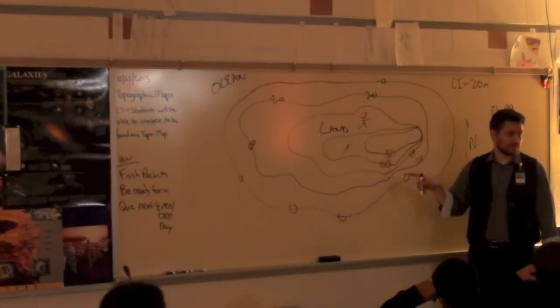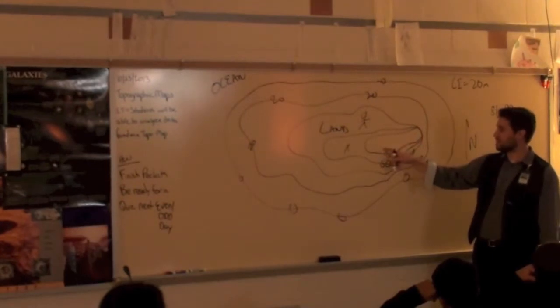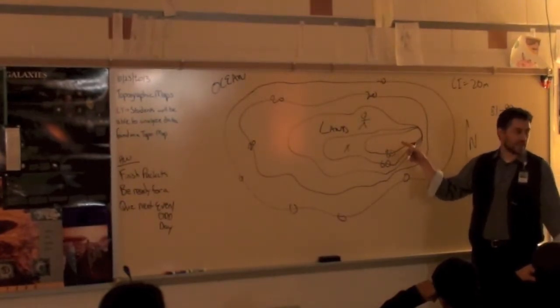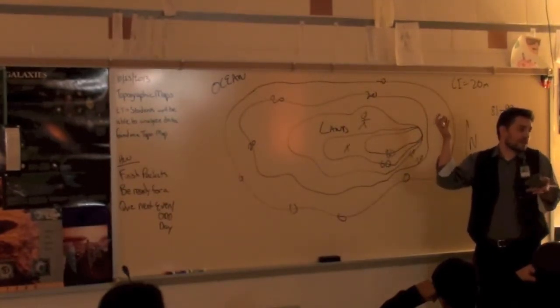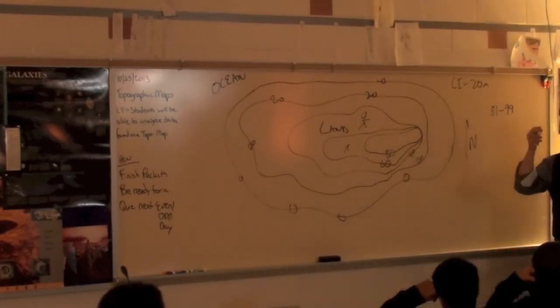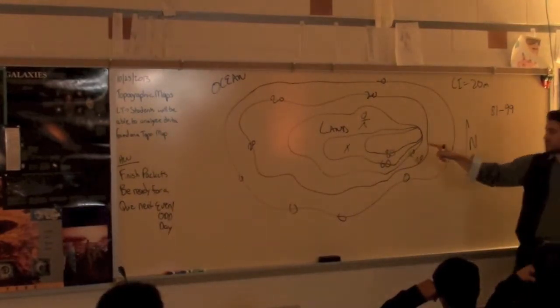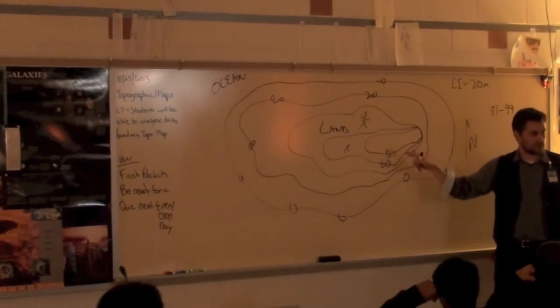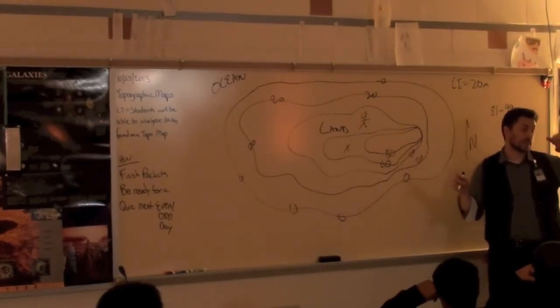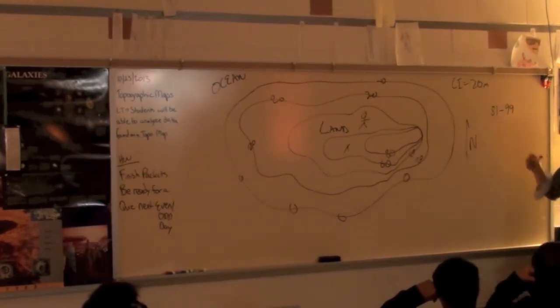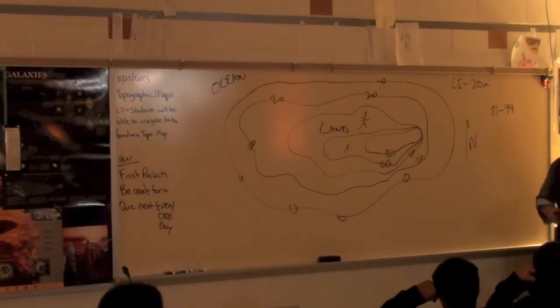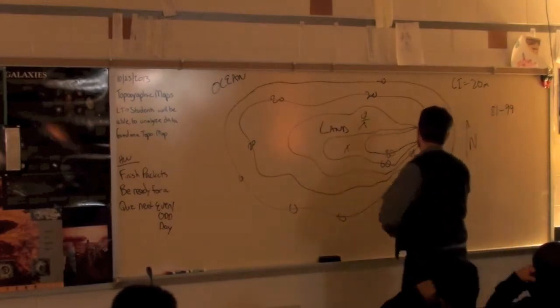Okay? If I'm here, I have to be above 80, but less than, wait, there's no more contour lines. The mountain just doesn't go any higher. If the mountain got up to 100, then I'd have to draw another contour line to show how tall the mountain is. So you can say between 80 and 99. Okay? Does that make sense?